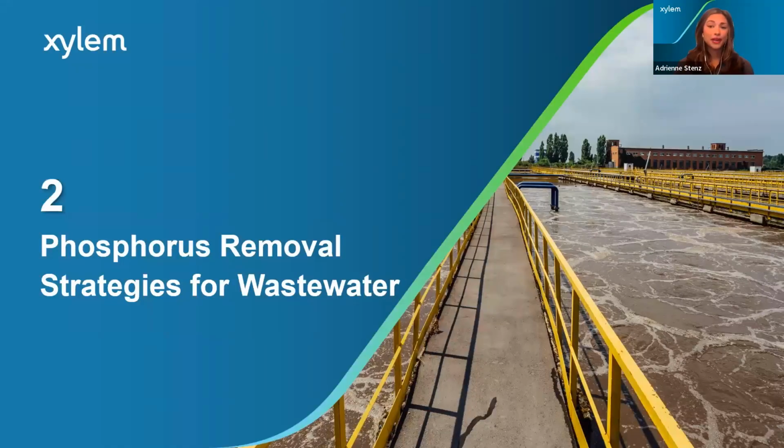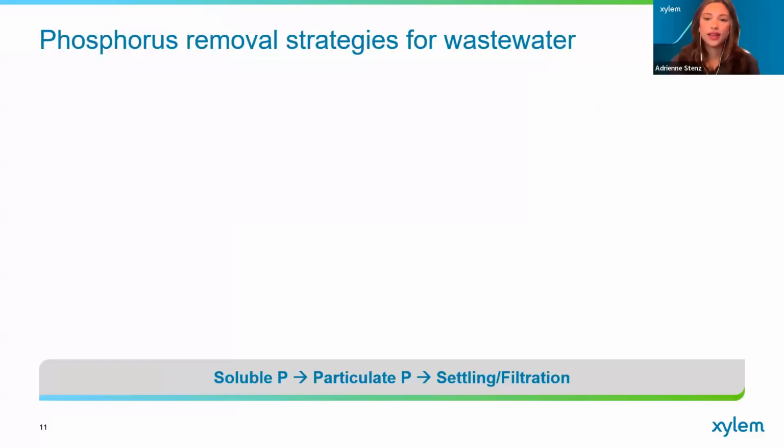All right, now that we know a little bit about phosphorus, phosphate, and the forms of it in wastewater, let's talk about how it gets removed. So there are three main strategies for removing phosphorus from wastewater, all of which target soluble phosphorus in the water to turn it into particulate phosphorus that can then be settled out in secondary clarifiers.